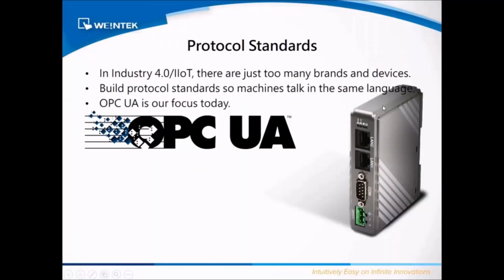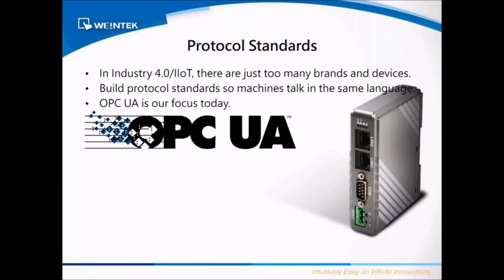And what I'm going to talk about is that if you have ever heard of Industry 4.0 or Industrial Internet of Things, you will understand that what they are going to do is to minimize the effort for machines to talk to each other, because there are just too many brands and devices out there, and everyone trying to communicate with each other.